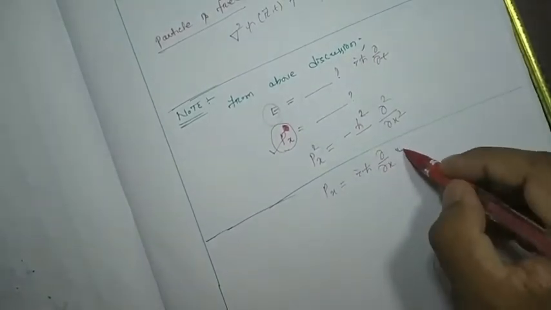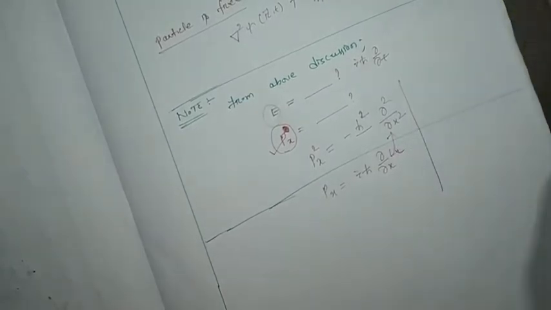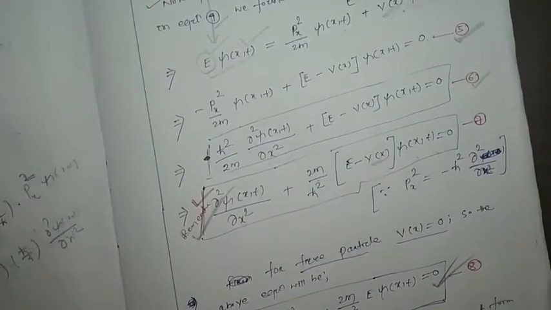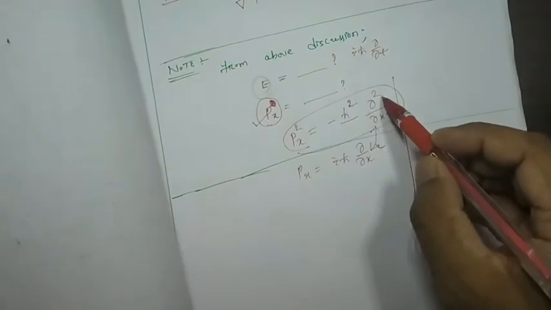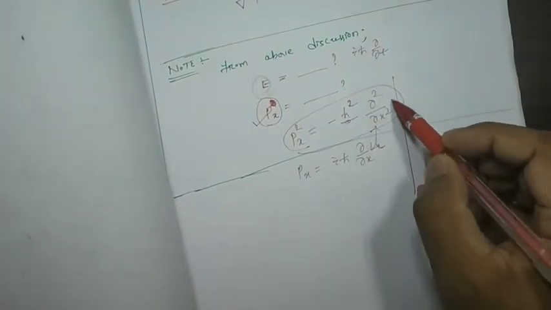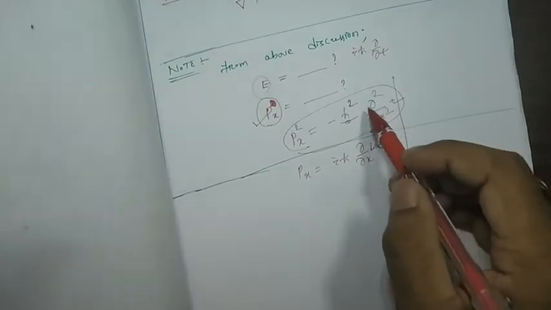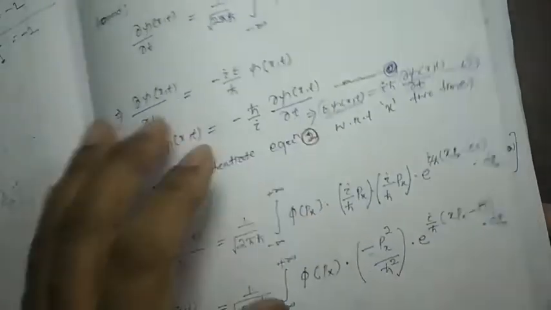Okay, but here we made a simple mistake, because if we go to the initial expression where we got px square is equal to minus h cross square del square by del x square, there we can find what mistake we made here.